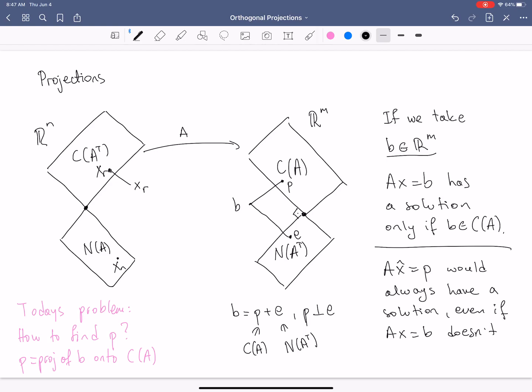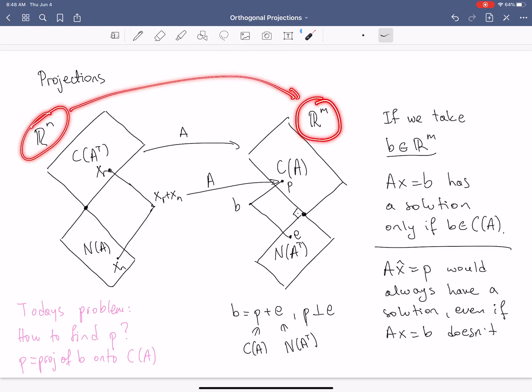So xr is in the row space, xn is in the null space, and if we add those two vectors together and apply A to them, we get a vector in the column space of A. How do we get that vector? Because we are multiplying by the matrix A. So this change from a space Rn into a space Rm happens via matrix multiplication.